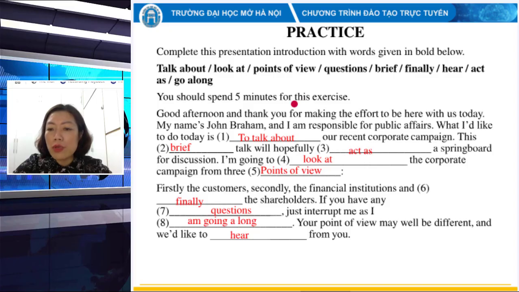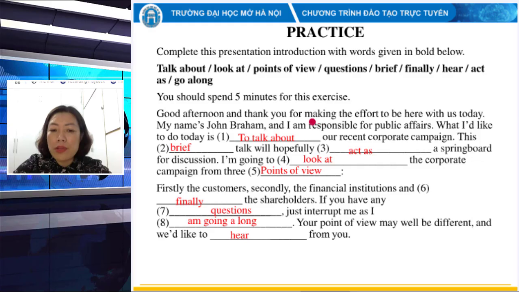And you introduce the topic. So you say, what I'd like to do today is to talk about our recent corporate campaigns. And you say about the layout by saying that this brief talk will hopefully act as the springboard for discussion.